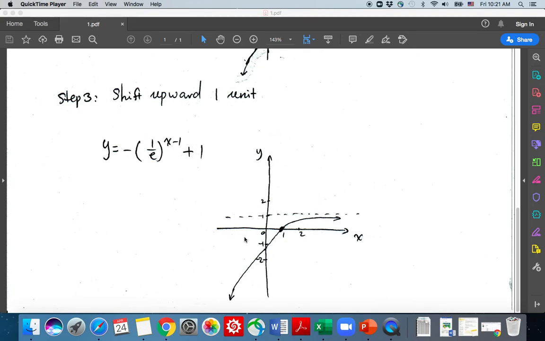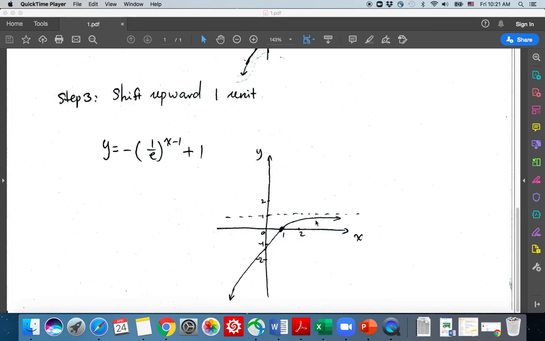We're not going to look at the features under a microscope, but some of the key features are there. As I said, we did keep track of the key point, which is the y-intercept of the parent function. And then we keep track of the location of the horizontal asymptote. Eventually, after all these transformations, it is going to be located at y equals 1.